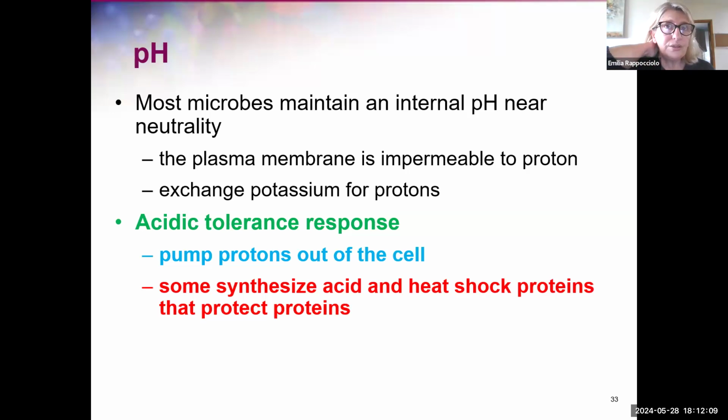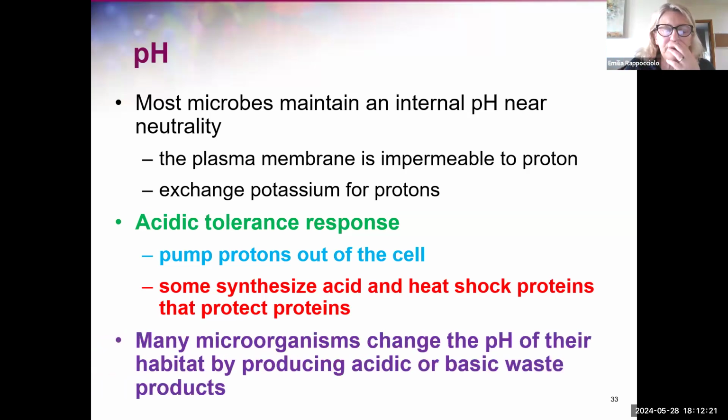Heat shock proteins, which are chaperonins, can be synthesized to avoid denaturation of proteins because of acidity. And this issue of acidic or basic conditions is one that microorganisms need to deal with almost always.